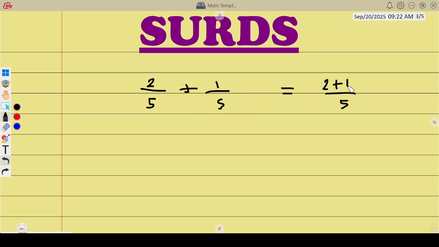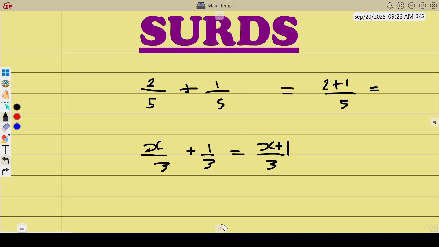This will be 2 plus 1, and then you get 3 over 5. It's the same if we have x over 3 plus 1 over 3. Same denominator, meaning we can just add whatever is on top, so we have x plus 1 from the numerators.